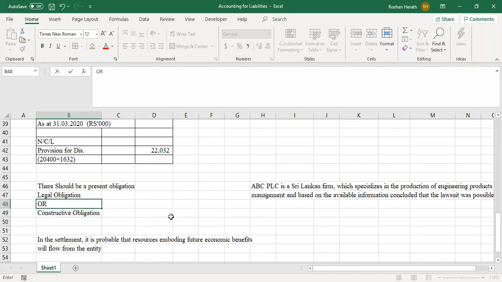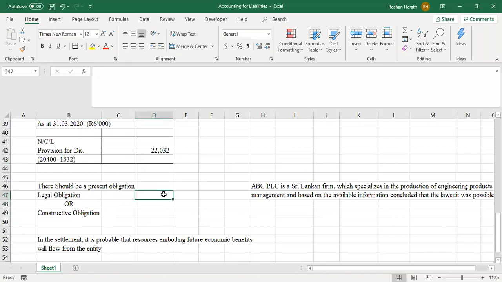So in this question, do we have a legal obligation? A legal obligation can be by way of contractual law, or by way of a provision in an Act of Parliament, or it can be some other law, for example, case law, right? Here, what is that?